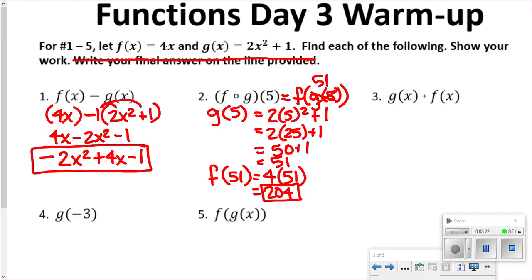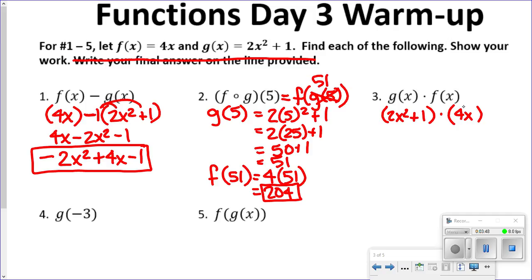Okay, so that's a composition when you have the open circle like that. Now notice here we have the filled in circle, the dot, so this is multiplication. When it just has the dot like that, it's multiplication. Here with the open circle, that's your composition. So g of x was 2x squared plus 1 times f of x in parentheses, which would be 4x.